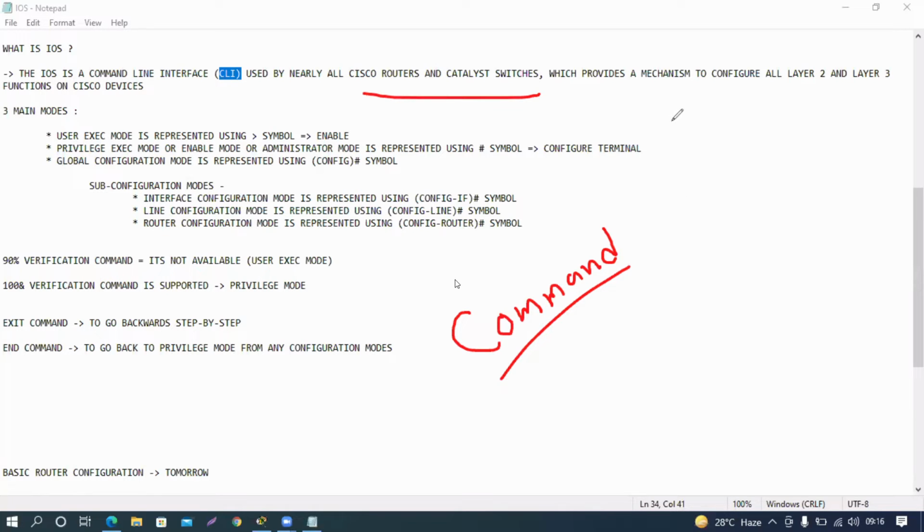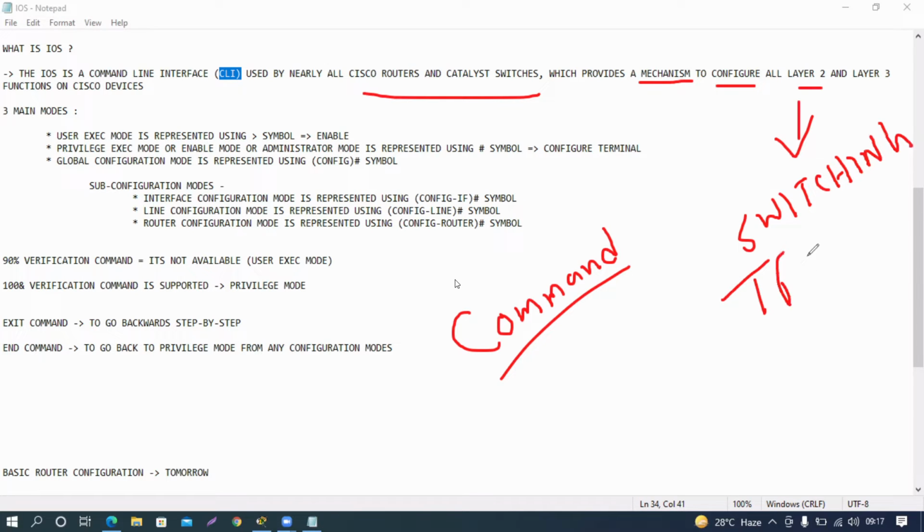So what exactly iOS is providing you is a mechanism by which you can configure layer 2, which means your switching function, switching technologies, and layer 3 function, which is basically routing technologies.